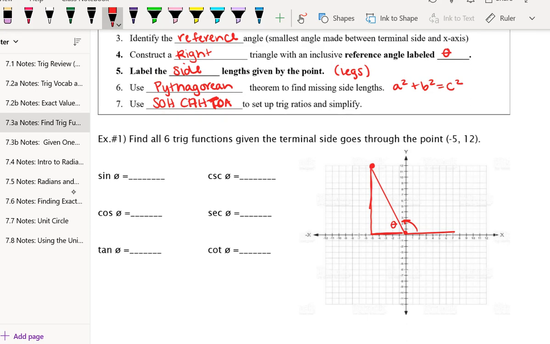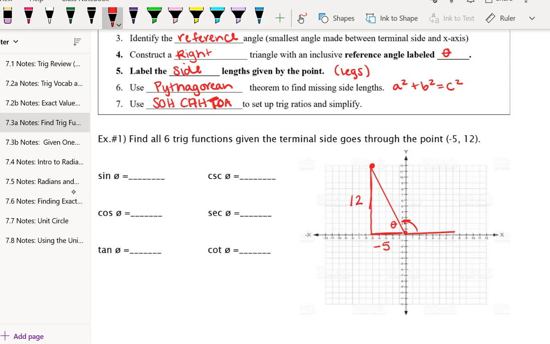Okay, so that's the angle we're going to use inside the triangle, because we're always going to the x-axis and we're in quadrant 2. So remember, if -5, +12, I went left 5 units, so this side is -5, and I went up 12 units, so this side is +12.